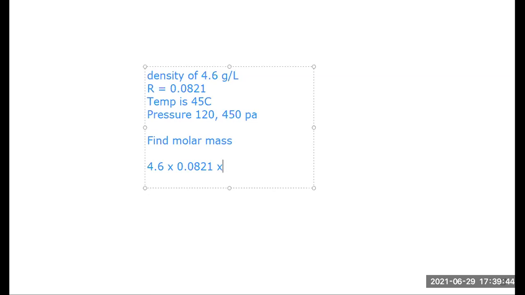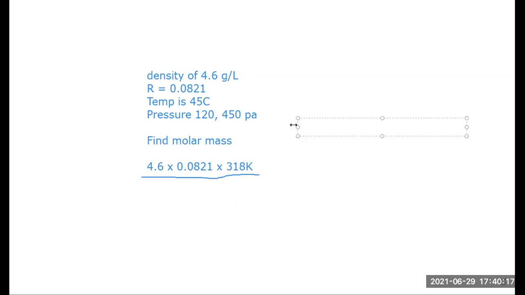So my T value is going to end up being 45 Celsius plus 273. So that's 318 Kelvin. And then I draw this. We'll put a line here and we'll put pressure on the bottom. But I'm going to do pressure over here.